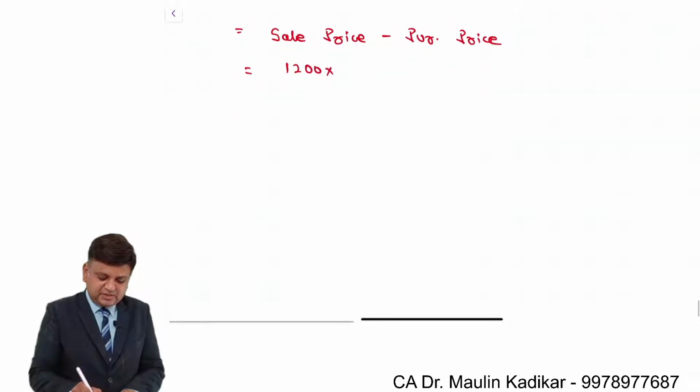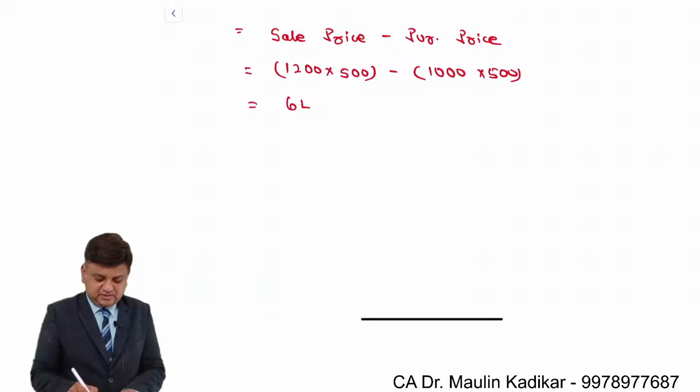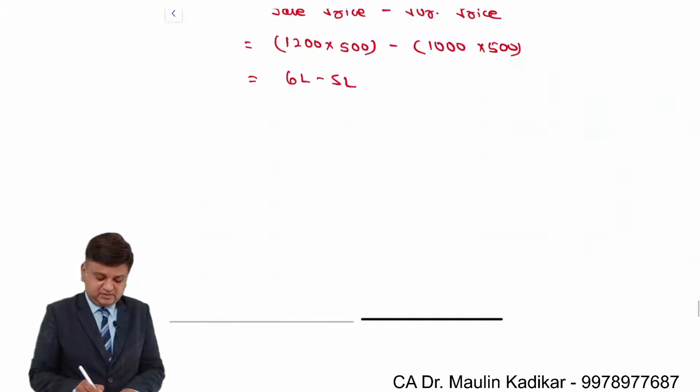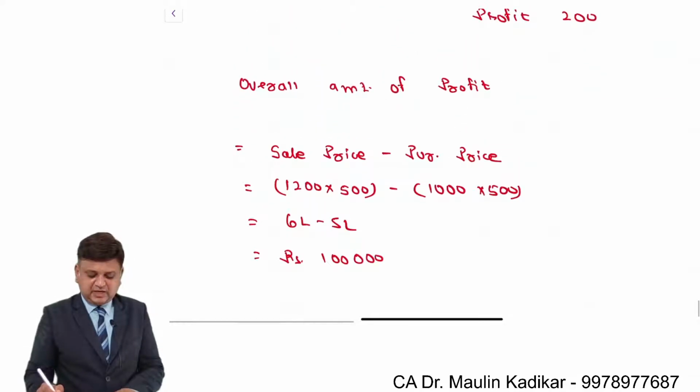What is the number of shares? 5000. Sorry, it's 500. Purchase price 1000 into 500 once again. 6 lakhs minus 5 lakhs comes to an amount of 1 lakh. This is the way the amount of the profit can be calculated.